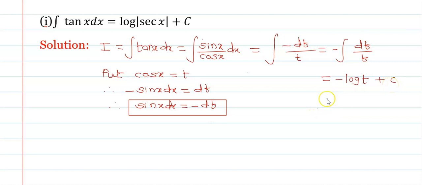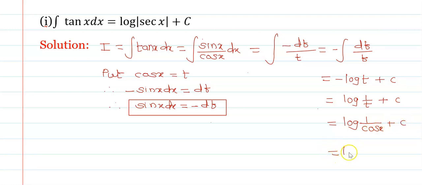Again we will absorb here the negative sign. If we absorb it, then you will get here log of 1 upon t with the rules of logarithm, and resubstitute the value of t here. What is t? T is cos x, resubstitute the value, plus c. But what is the reciprocal of cos x?